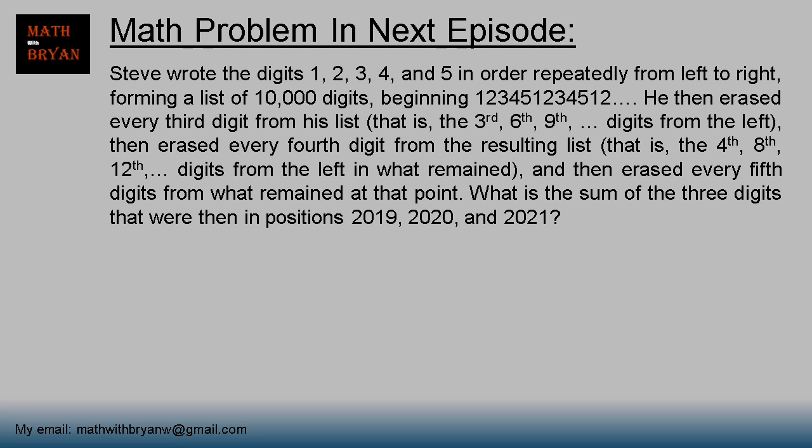Then he erased every fourth digit from the resulting list, that is the fourth, eighth, 12th, etc. digits from the left in what remained, and then erased every fifth digit from what remained at that point. What is the sum of the 3 digits that were then in positions 2019, 2020, and 2021?